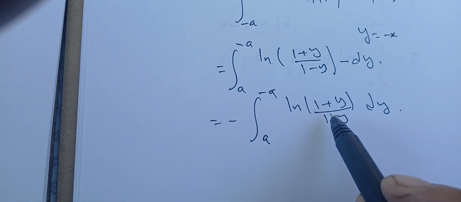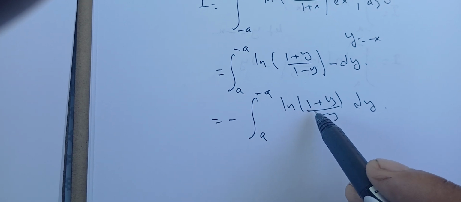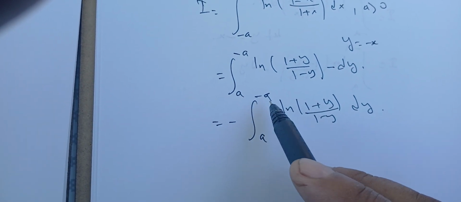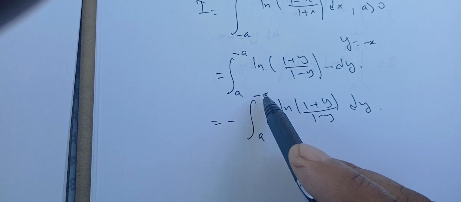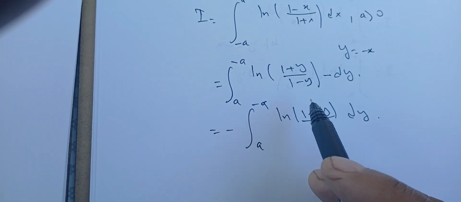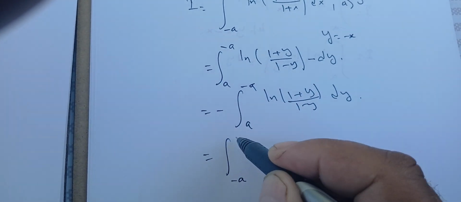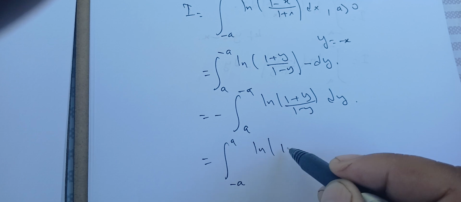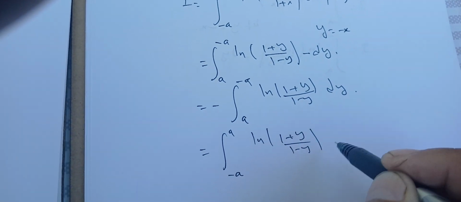Here we notice two things. We can flip the bounds of this integral by getting rid of this minus. So therefore we have the integral between minus a and a, the natural log of 1 plus y over 1 minus y dy.